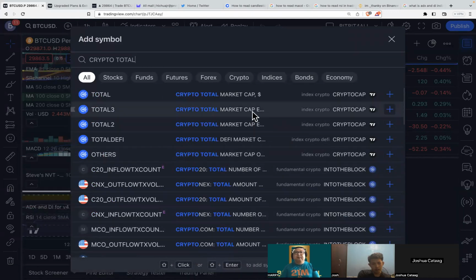Baka ito. Exclude BTC. Ay, gusto ko yung merong BTC. Baka ito.